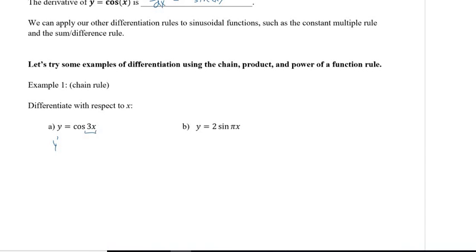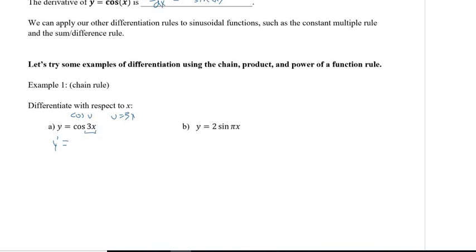Then the outside function for this one would be cosine of x, and then we just have that 3x in the place of it. In fact, just to make it a little bit simpler, let's call it cosine of u, just because sometimes we dealt with that in chain rule problems, especially when we were talking about Leibniz notation. And then we have u equals 3x. So our outside function is cosine of u. Our inside function is 3x.